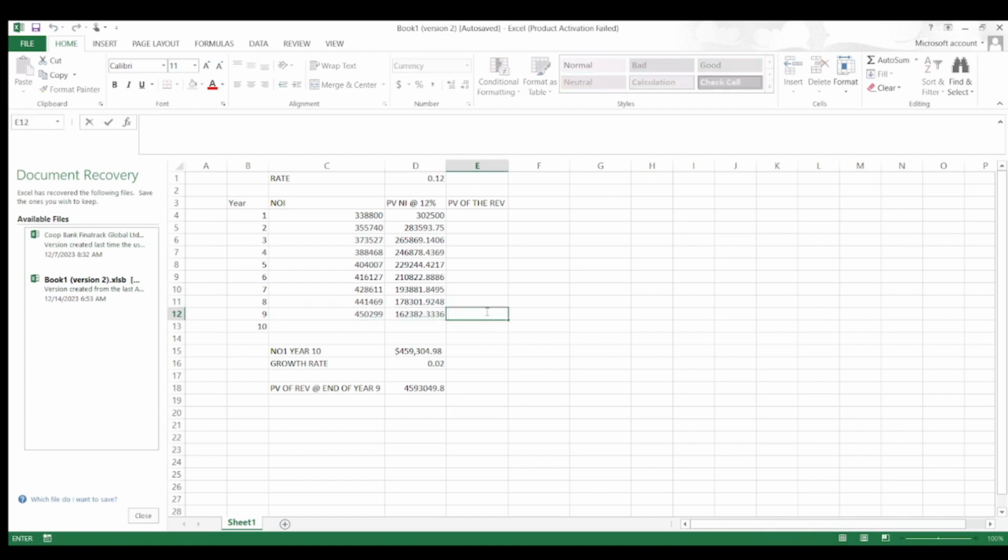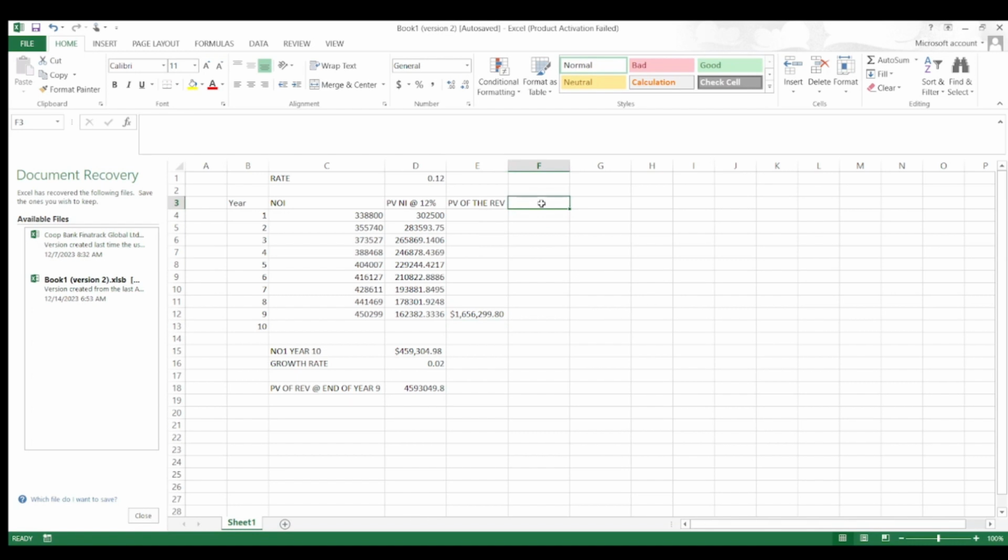So we can add it here. It equals this divided by 1 plus our rate, raised to 9, which is the number of years. So that's the present value of the reversion amount.